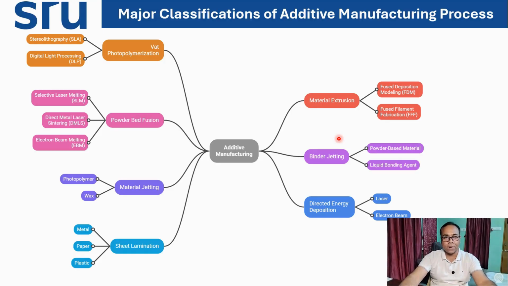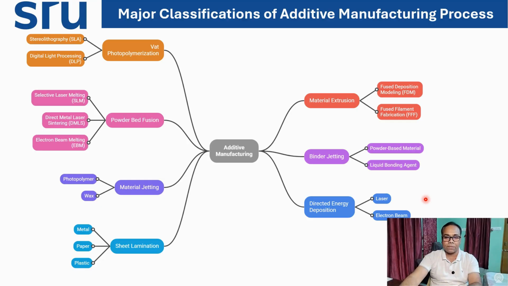Similarly, the binder jetting process is further classified as powder bed based material or liquid bonding agent based material. Similarly, the direct laser deposition method may be laser based or electron beam based. So these are the major classifications given by different researchers and scientists previously.